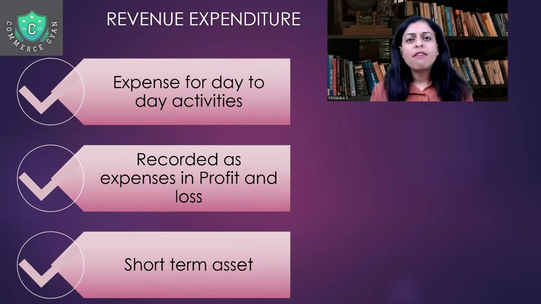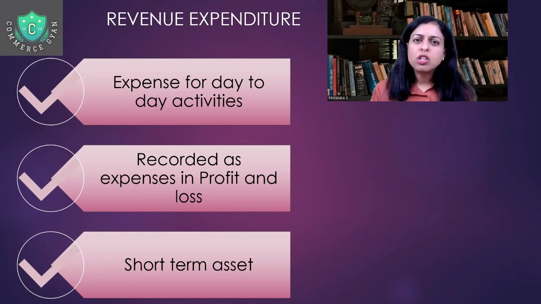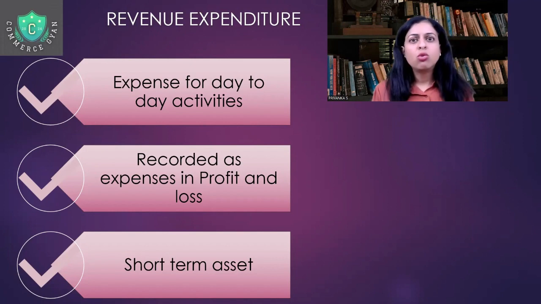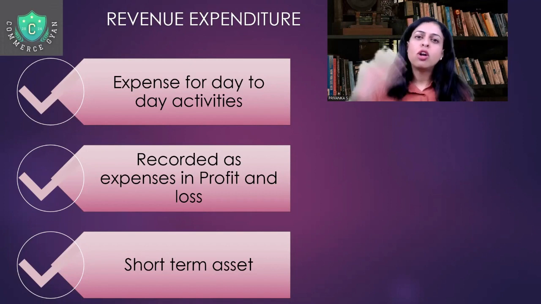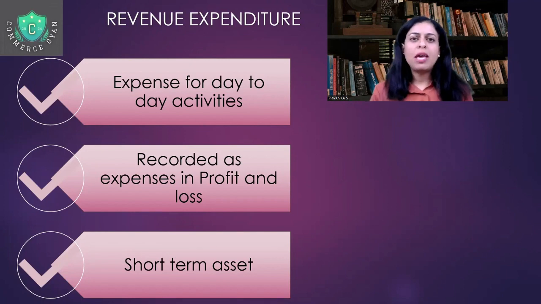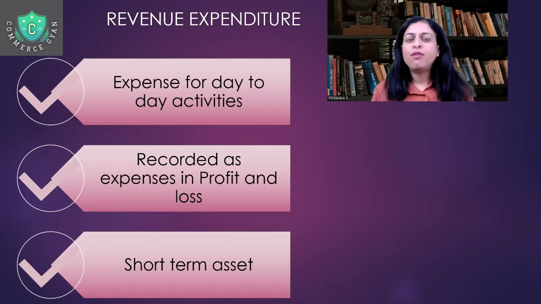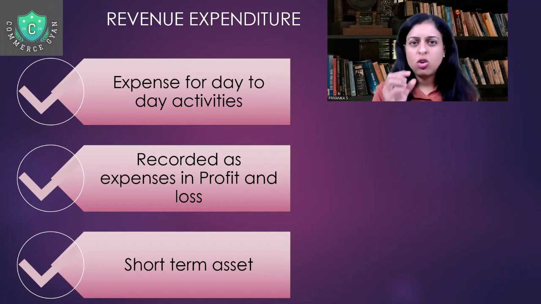So if I have spent money on paying my employee's salary for that month, can I make that employee work for the next 10 years with that 1 month salary or 1 year salary? No, no employee is going to be with you. They'll run away, right? They'll say this person has gone mad and is asking us to work for the upcoming years also by paying us salary for this 1 year. So this makes it clear that if I'm spending on regular day-to-day expenditure, this expenditure is going to give me benefits only for a short duration.